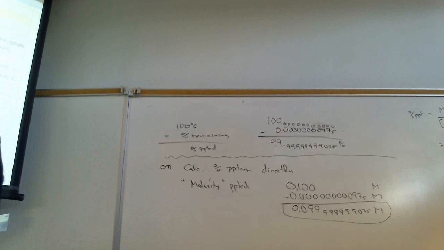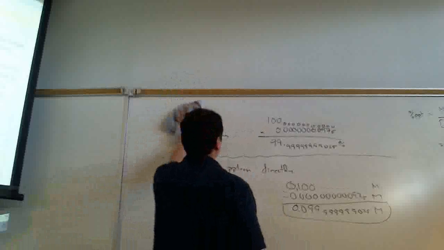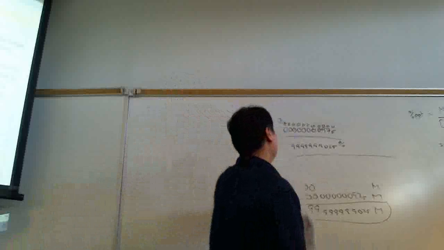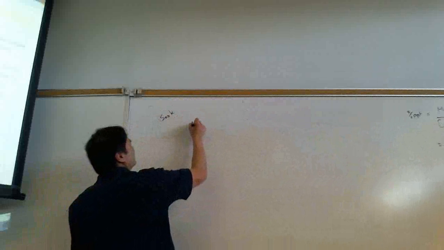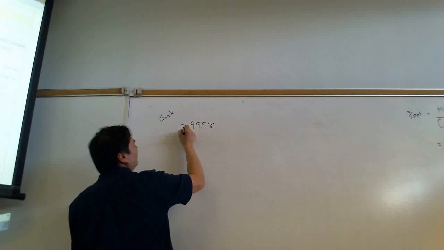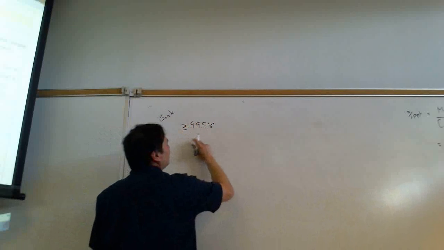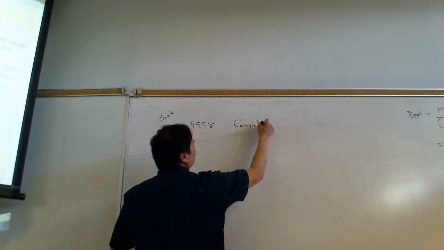You know what your book is going to say? Your book is going to say 3 nines is adequate. And so the book says greater than or equal to 99.9% is called a complete precipitation.